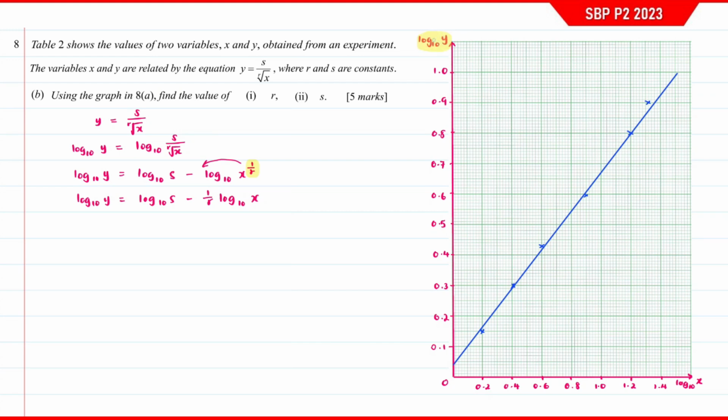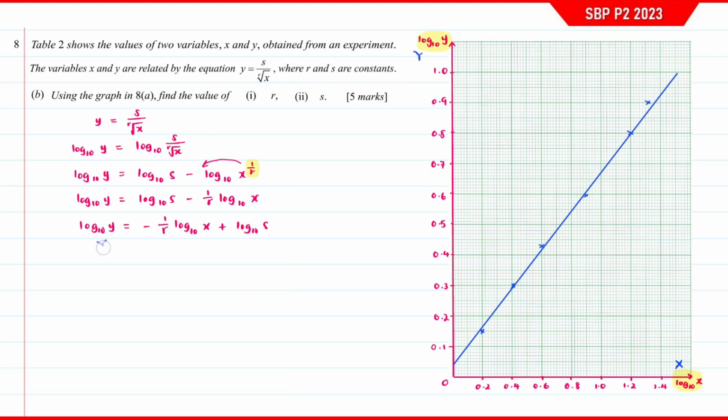Based on the graph that we plot, log base 10 of y is the capital Y, and log base 10 of x is the capital X. If we rearrange these equations, Y is equal to negative 1 over r X plus log base 10 of s.